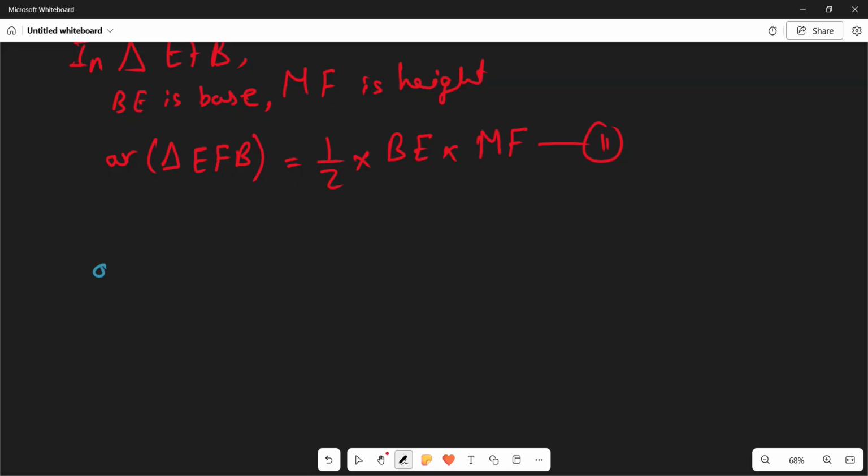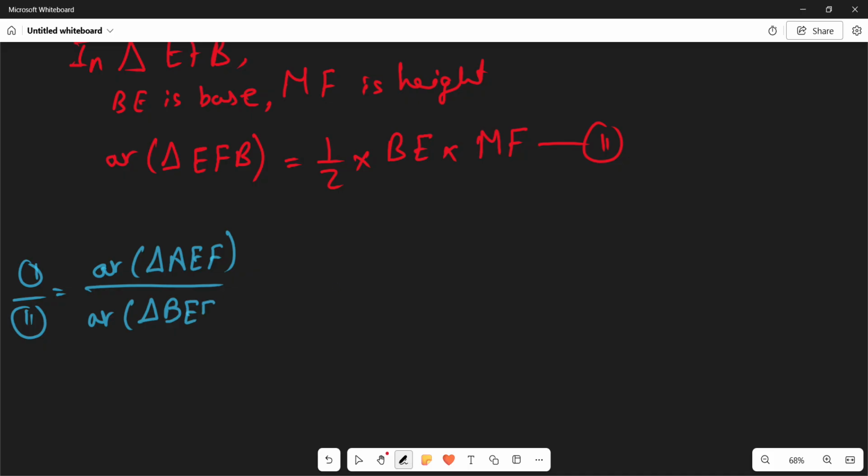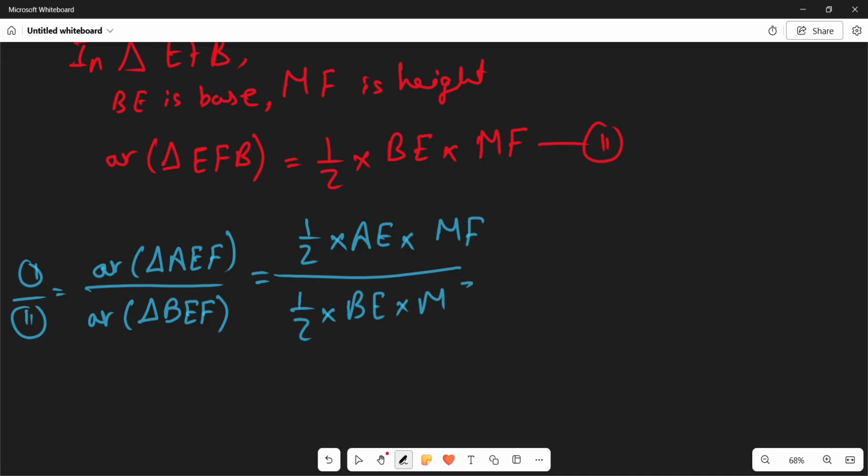So I'll divide the first equation by the second equation, and it becomes area of triangle AEF upon area of triangle BEF equals half into AE into MF as the height upon half into BE into MF as the height.